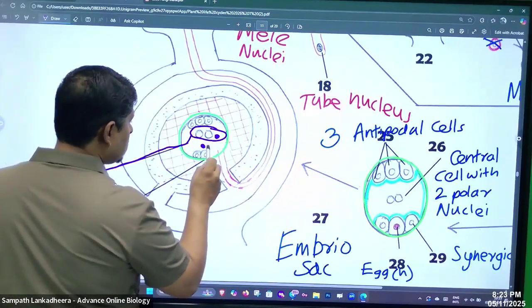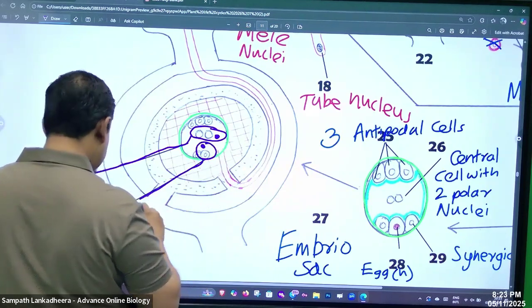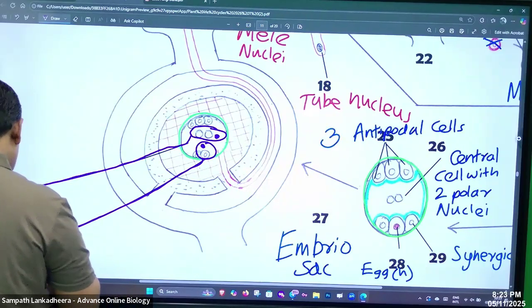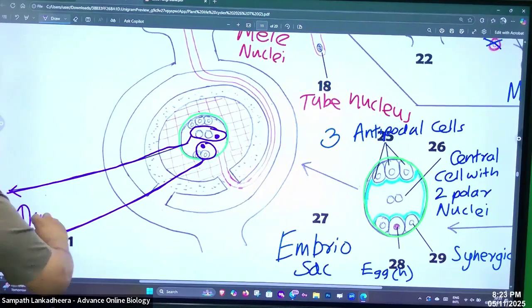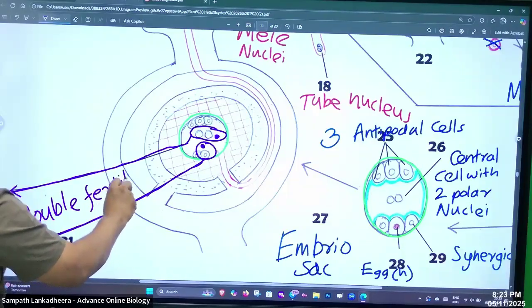The other male nucleus goes with the egg cell. So what happened here? That is a double fertilization.